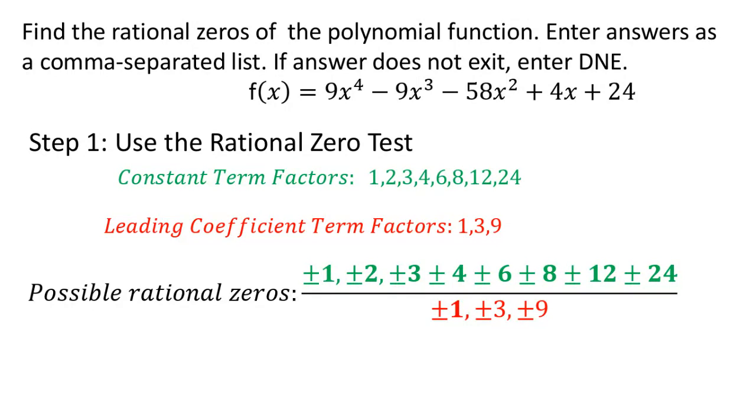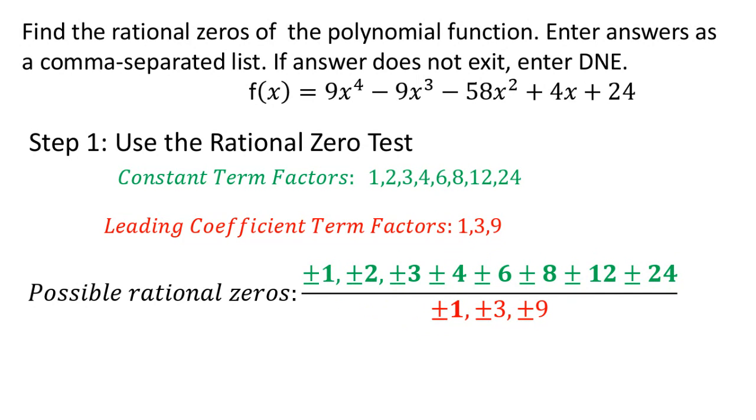You're going to take the 1, the 2, the 3, the 4, the 6, the 8, the 12, and the 24. Everything divided by 1 is just going to be itself, right?